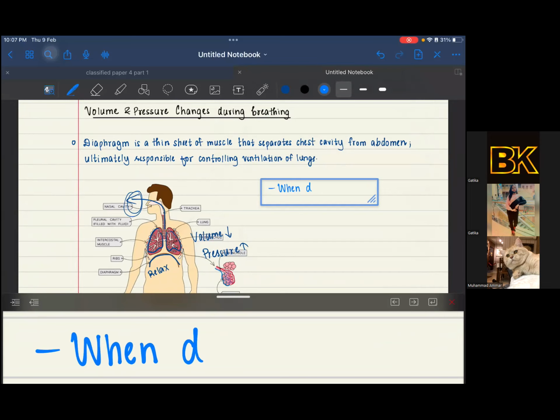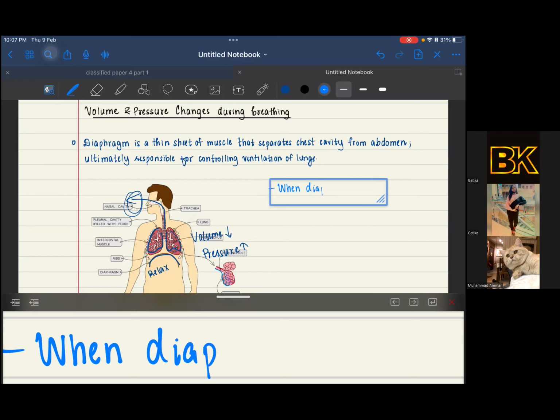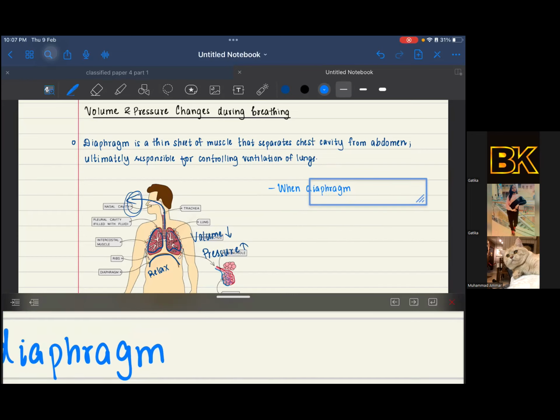So when they say that, you have to say when we inhale, the diaphragm contracts, it flattens, the volume of the chest cavity increases, the pressure decreases, and then the air comes in. So you have to describe the whole flow of it. Then only you get full marks. So it's important that you learn this.